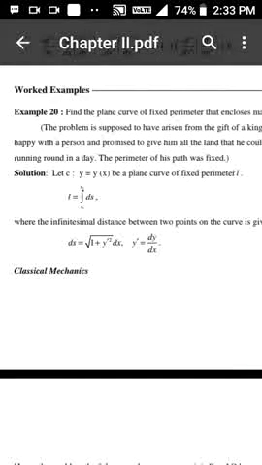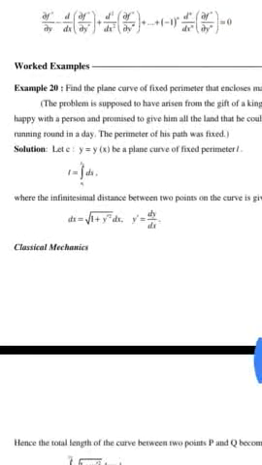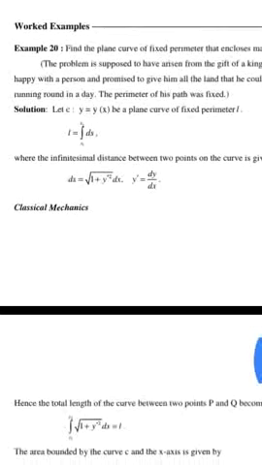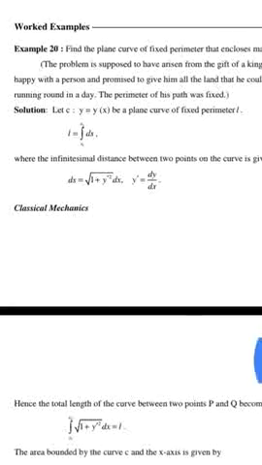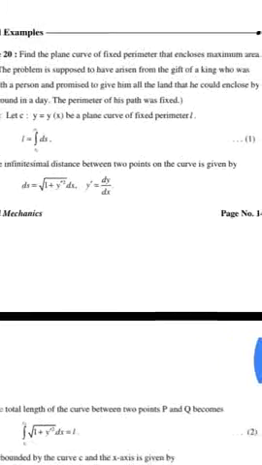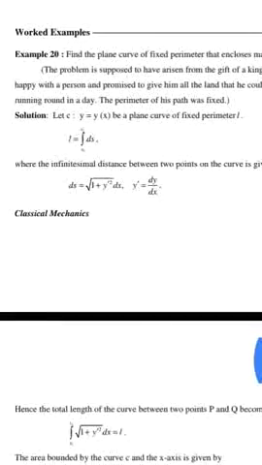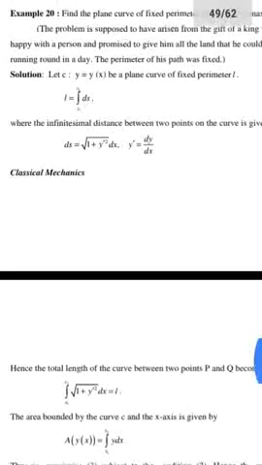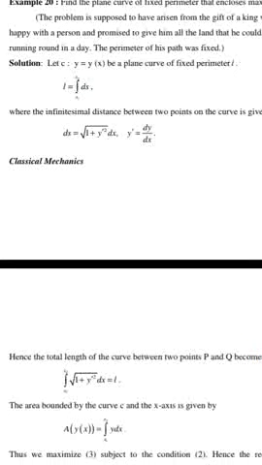Solution: let y equal to y of x be a plane curve of fixed perimeter L. L is equal to the integral from x1 to x2 of ds, where the infinitesimal distance between two points on the curve is given by ds equal to square root of 1 plus y dash square dx, where y dash is equal to dy by dx.